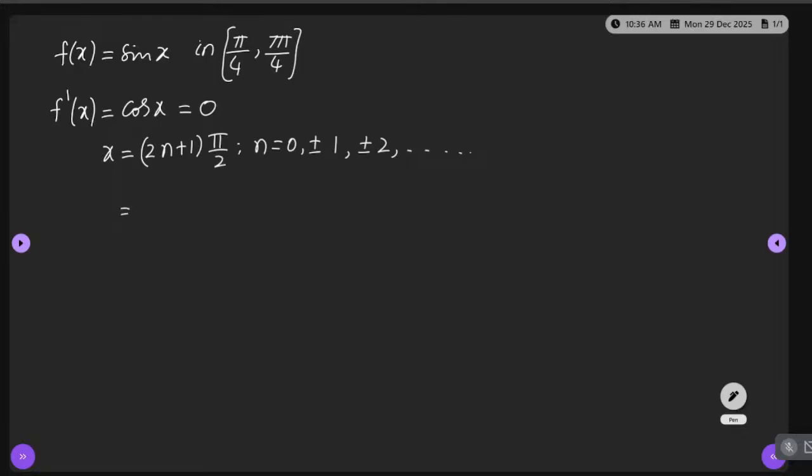Substitute those values: n equal to 0, pi by 2; n equal to minus 1, minus pi by 2; plus 1, 3 pi by 2; minus 2, minus 3 pi by 2; next, 5 pi by 2, minus 5 pi by 2, and so on. Okay? Yes or no?